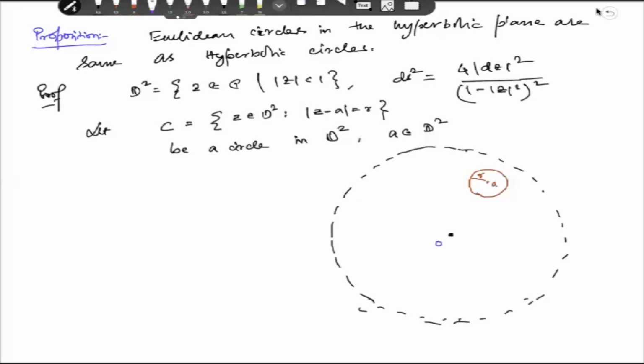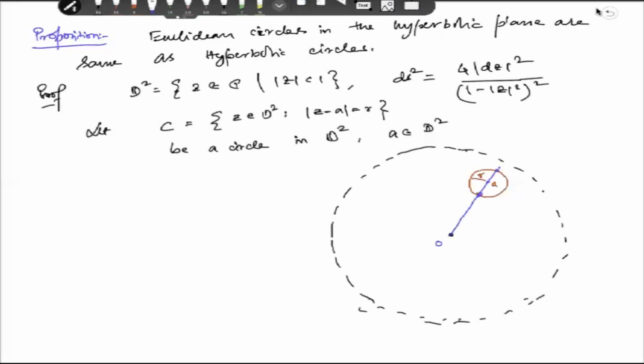So join this O and a by a geodesic and extend that geodesic such that it will intersect the circle C. So this will be a geodesic in the unit disk, and that will be a straight line, a part of a diameter. So this will intersect the circle C at 2 points.